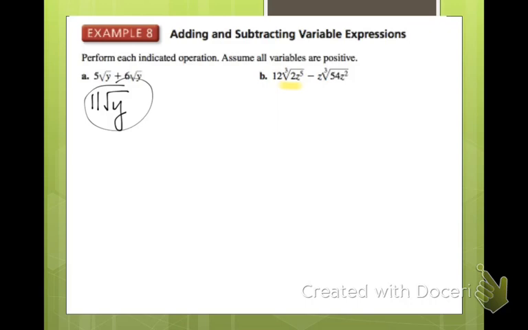But the cube root of z to the 5th, I can take out one group of 3 z's. And then I would be left with that 2 and then z squared underneath when I take out that one group of 3. So essentially it's like 5 divided by 3 goes once with 2 left.